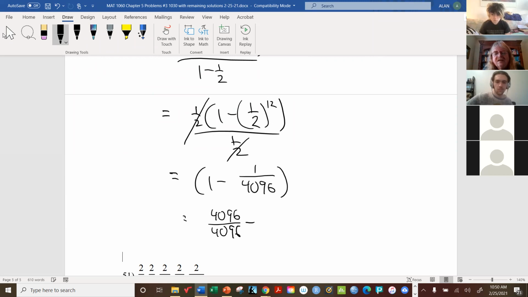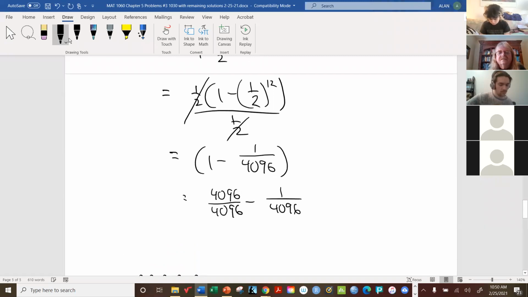Oh my God, look how easy this is. And that's it. It adds up to a number which is just slightly less than 1.